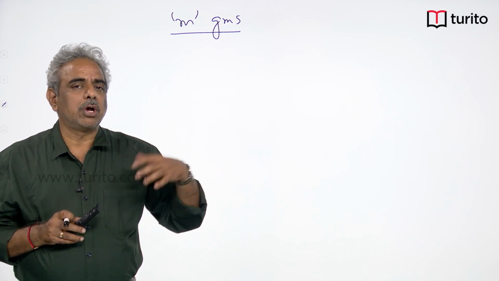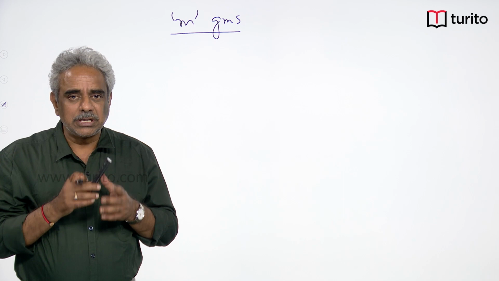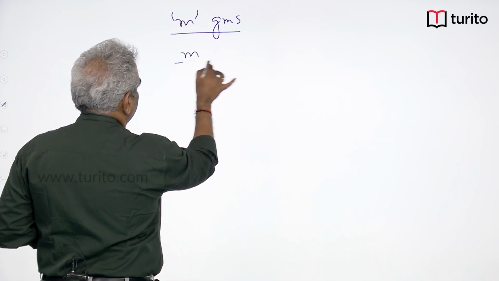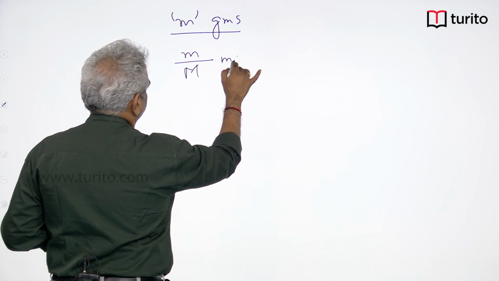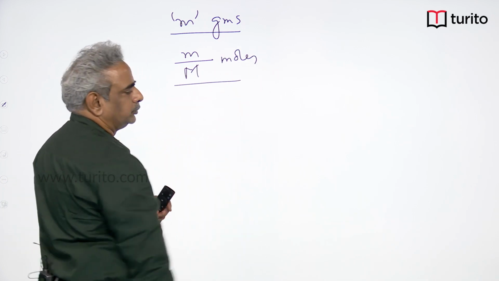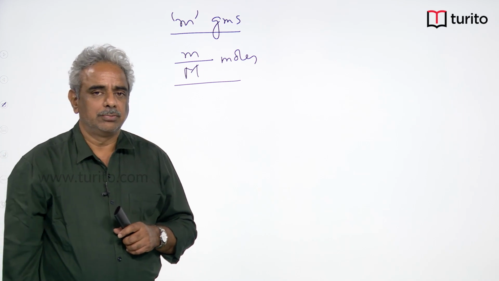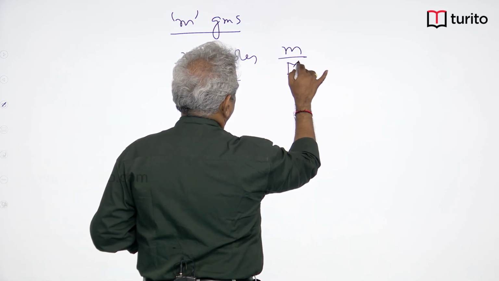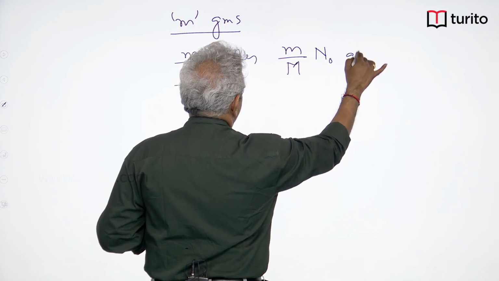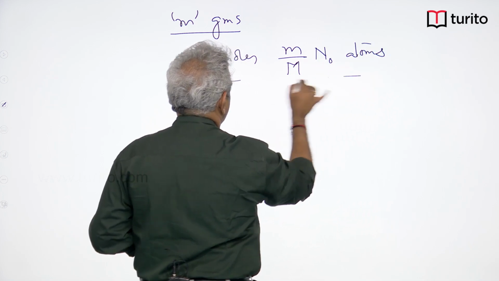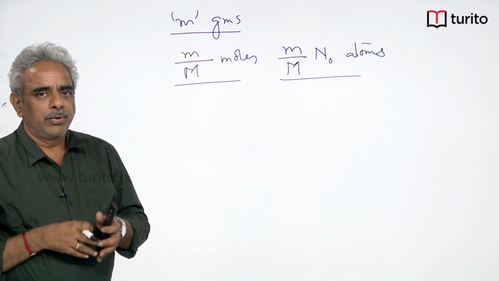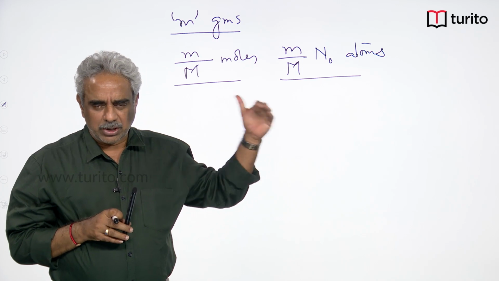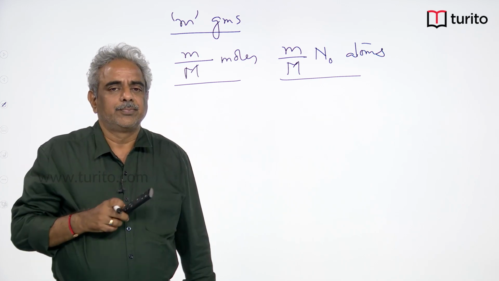So, what is the ratio of the number of unit cells? That is the question. M grams means M by m moles, where m is the molar mass. So, grams are converted into moles. M by m into n naught atoms, where n naught is Avogadro number. M by m moles, 1 mole is Avogadro number, so M by m into Avogadro number is the number of atoms.